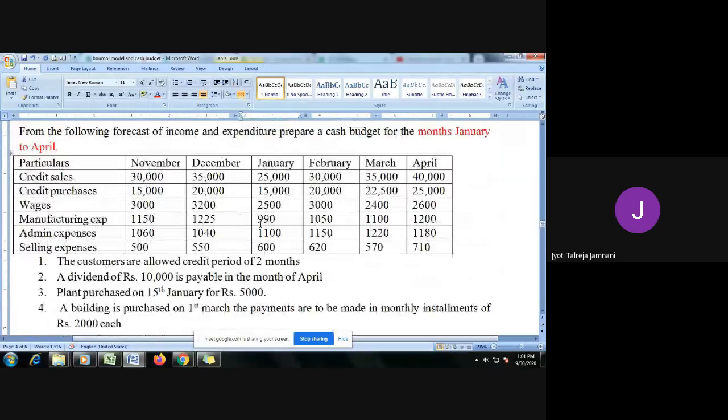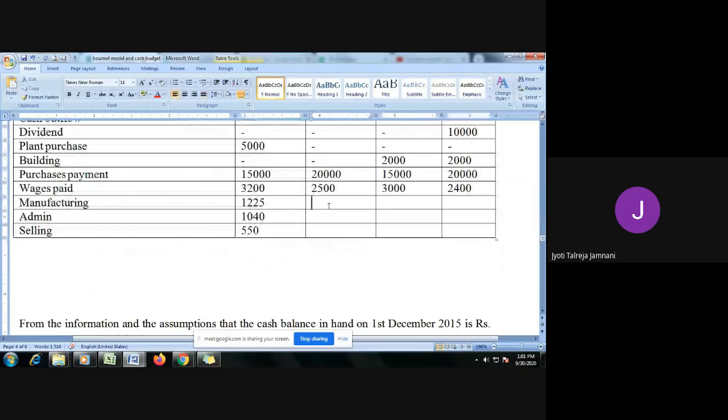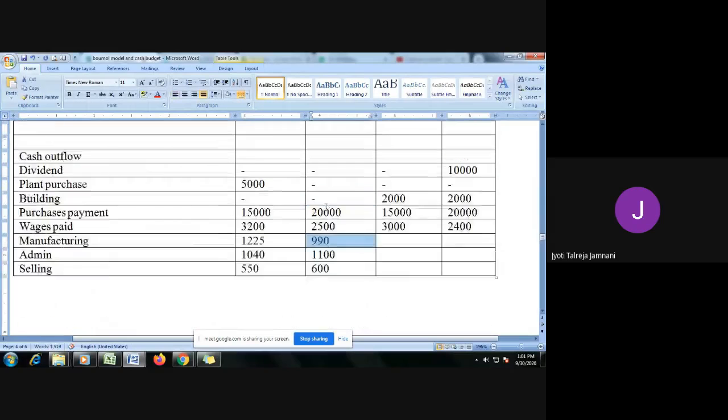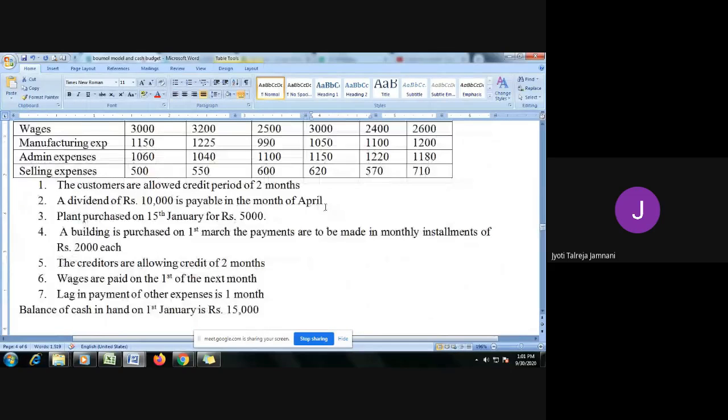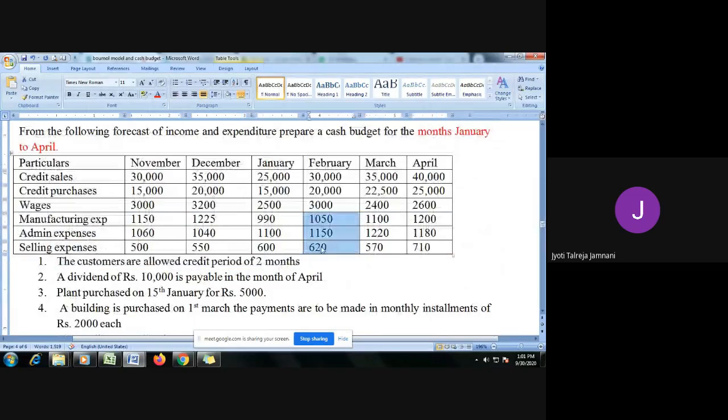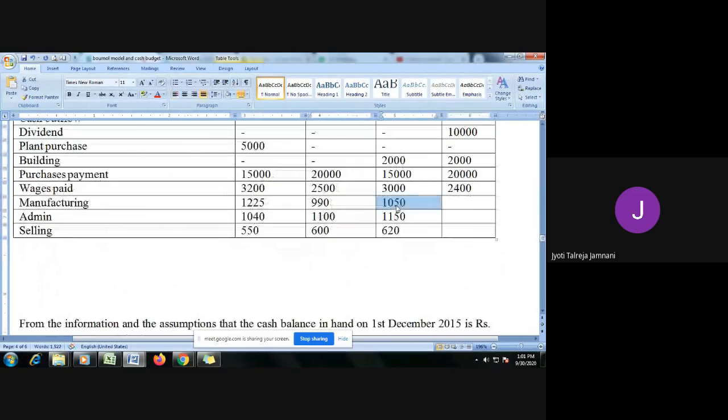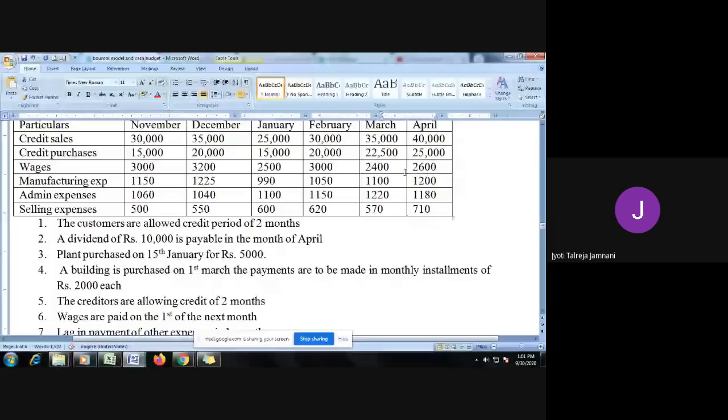So January, all the three expenses, I'm paying in February. Feb expenses will be paid in March. And March expenses will be paid in April.